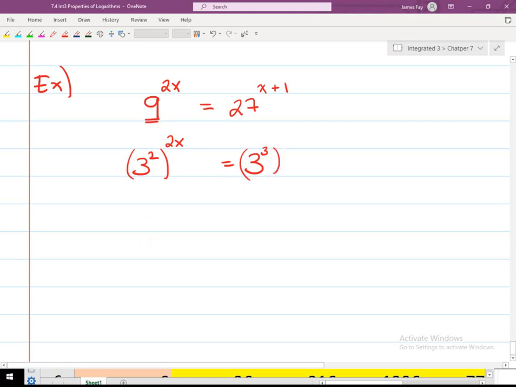And here I still have to have that x plus 1. Now, what do I do when I have powers to a power? I multiply. So this is going to give me 3 to the 4x, right?